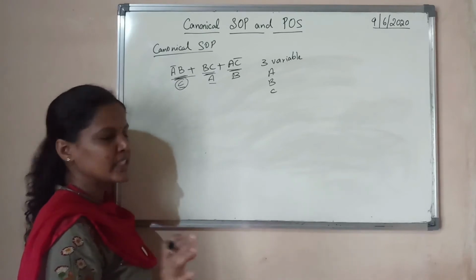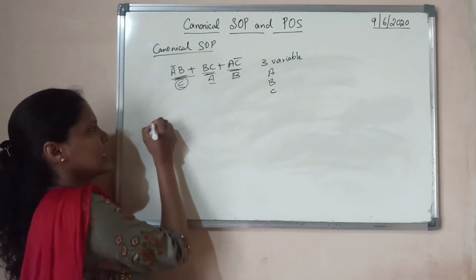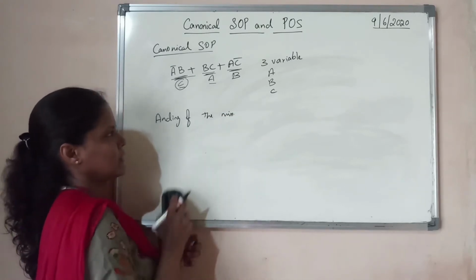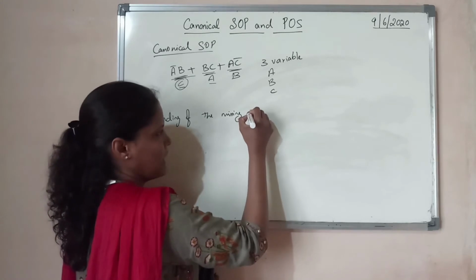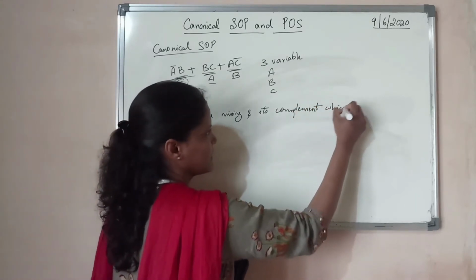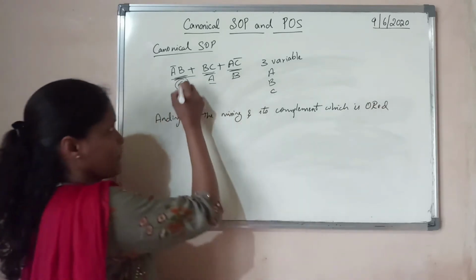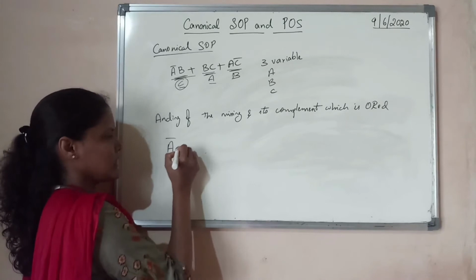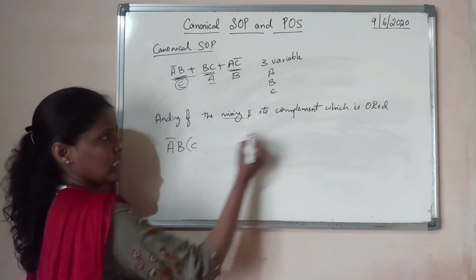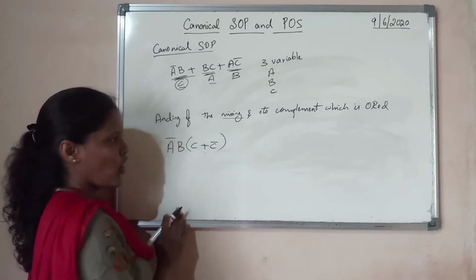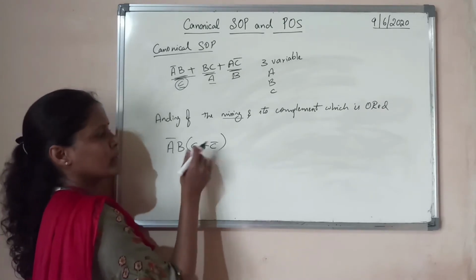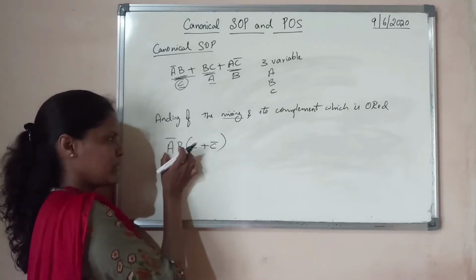The second step is the ANDing of the term with the missing variable ORed with its complement. Here C is missing in the term A bar B. The missing variable is C, and we OR it with its complement C bar. So whichever variable is missing, we write its complemented and uncomplemented forms ORed, and that is the ANDing of this particular term with this expression.